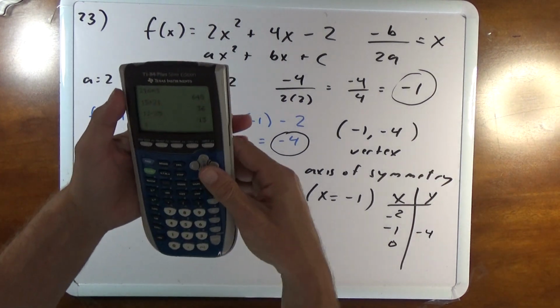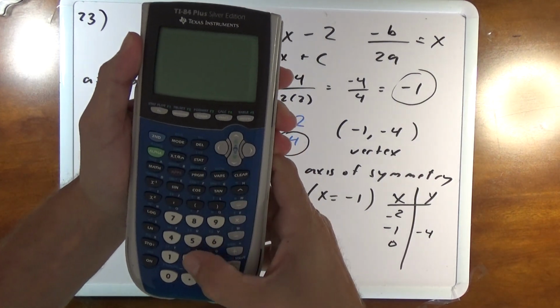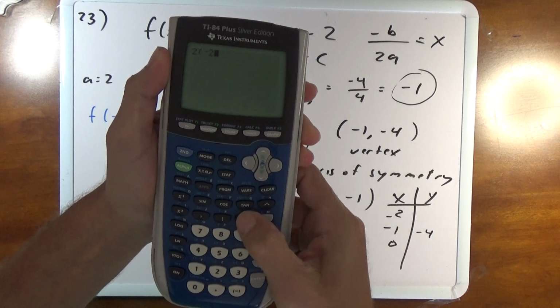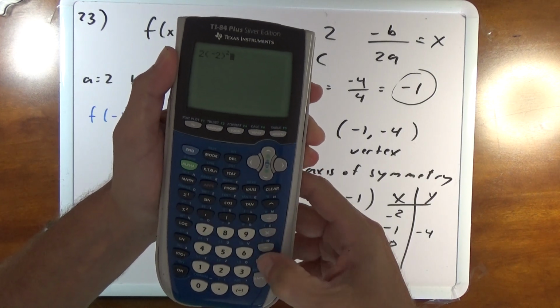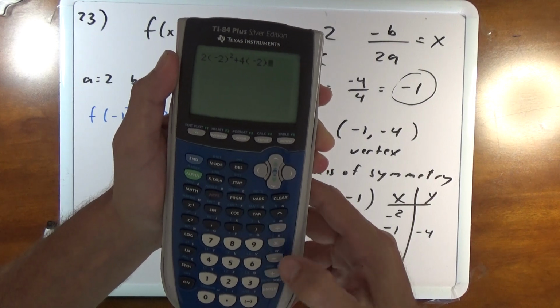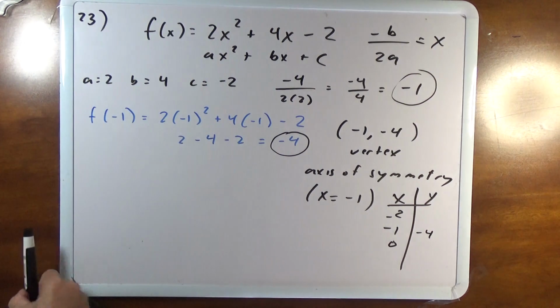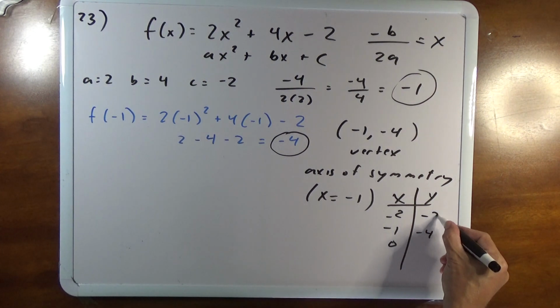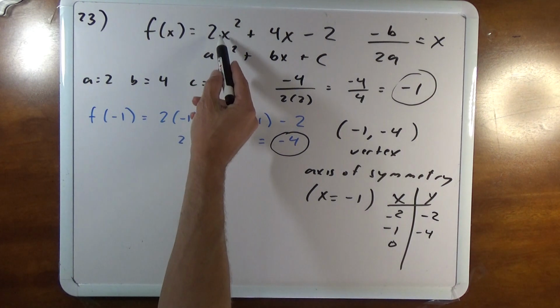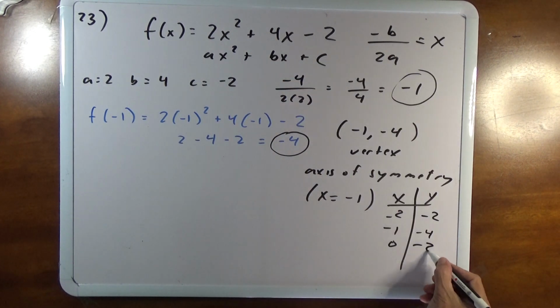It might be more trouble than it's worth. 2 times -2 squared plus 4 times -2 minus 2, or -2. When I put 0 in, this term zeroes out, that term zeroes out, so I get 0, -2.